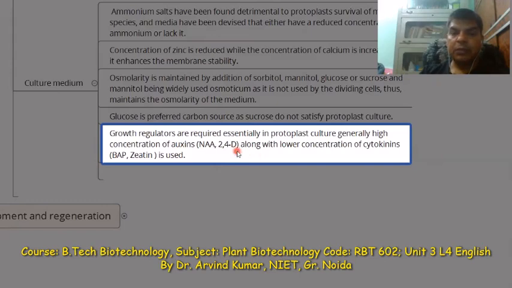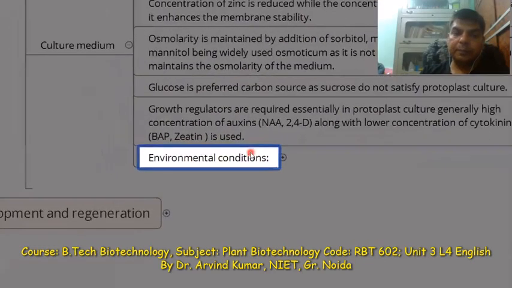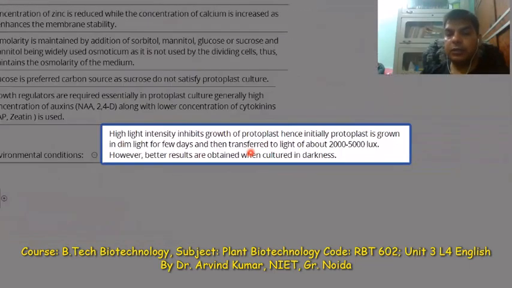So we will be using some auxins like 2,4-D, which is the main callus hormone, and we use a lower concentration of cytokinin initially. Then the environmental conditions. In environmental conditions, we should know that high light intensity inhibits the growth of protoplast. So initially, protoplast is grown in dim light for a few days and then transferred to light of about 2000 to 5000 lux.